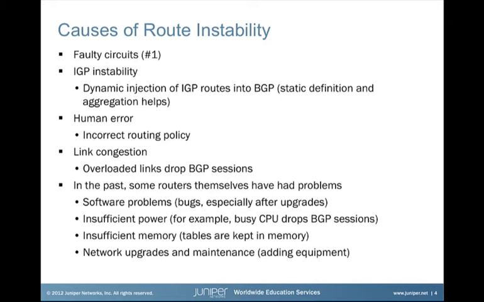What are causes of route instability? Faulty circuits, IGP instability, human error, incorrect routing policy, congestion of links, and some routers have had problems with software, insufficient power, memory, or adding equipment.